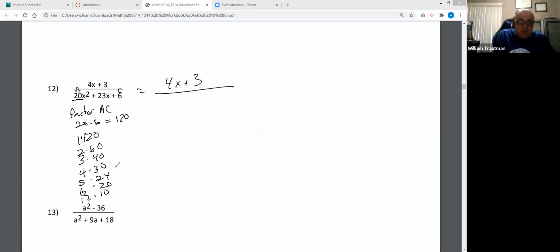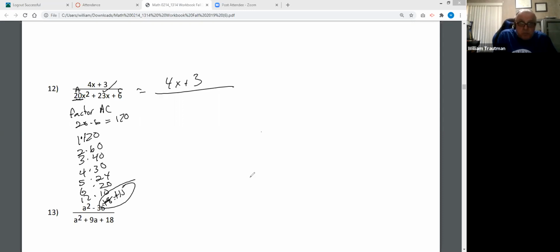I don't know if I got them all. 8 times 15 is 120. Which one adds up to 23? Luckily I found this last one, because it's plus 8 and plus 15. 8 plus 15 is 23.